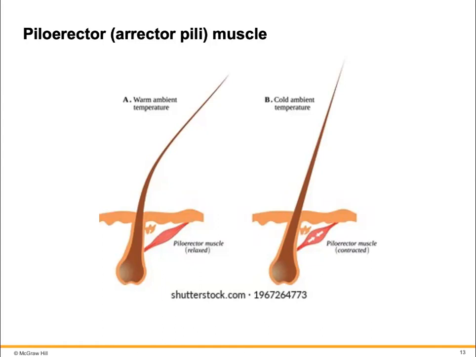It is a small, smooth muscle that attaches the hair follicle to the dermis. When it's relaxed, your hair just kind of lays to the side. But when it gets contracted, it causes your hair to stand on end.